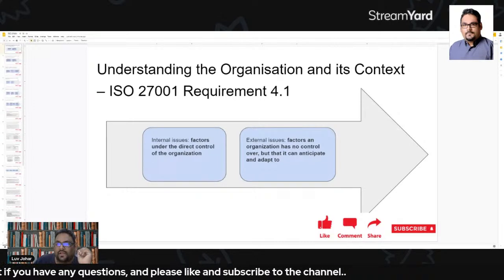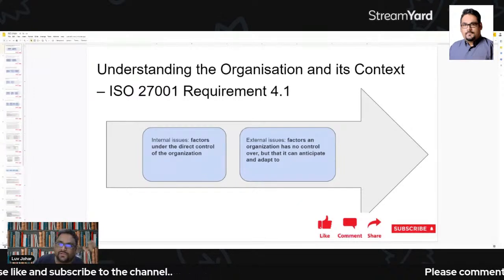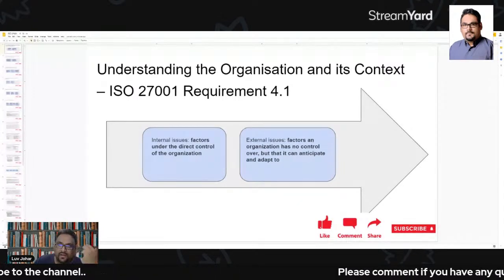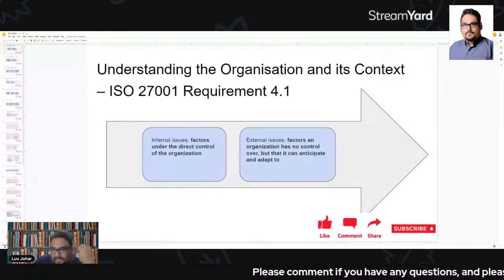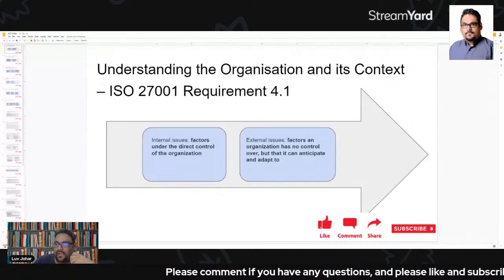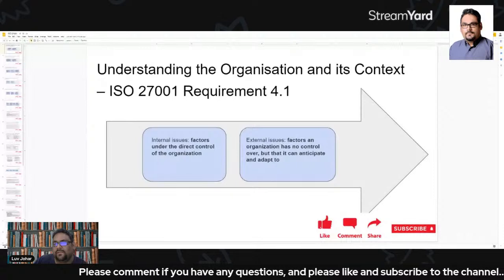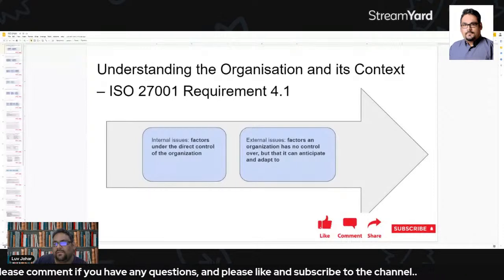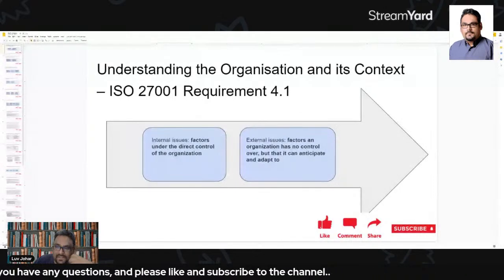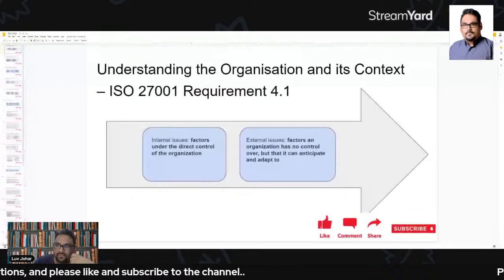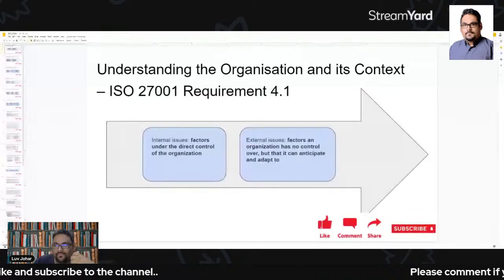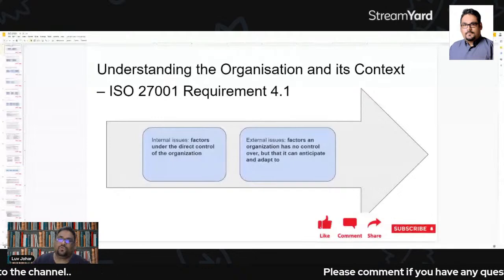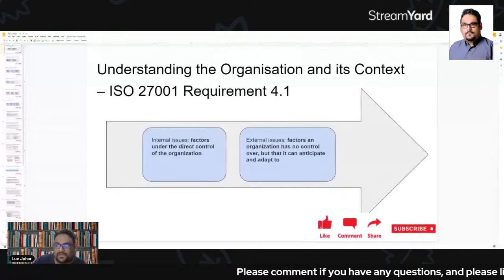Okay. Internal issues are very simple to describe. Internal issues are the factors which are under the direct control of any organization, and at the same time external issues are the factors that an organization has no control over, but it can respond to those external issues or external factors.